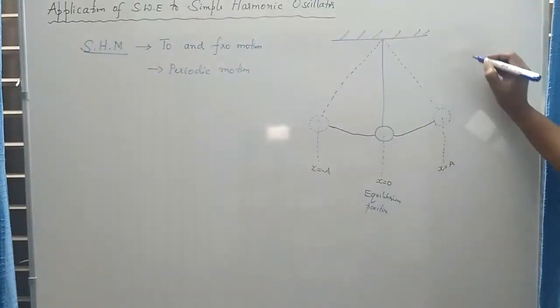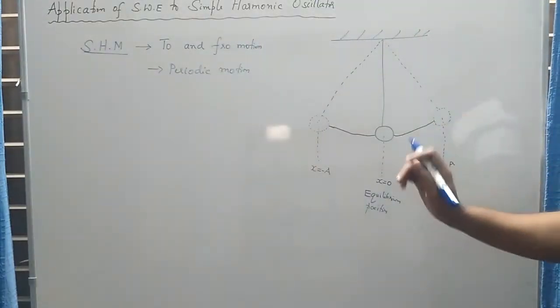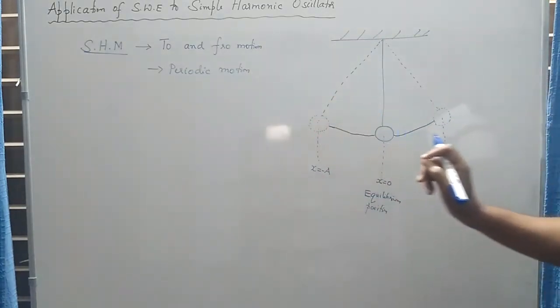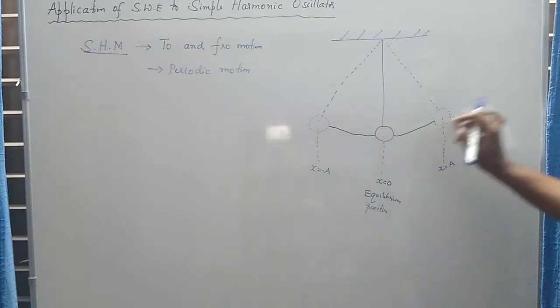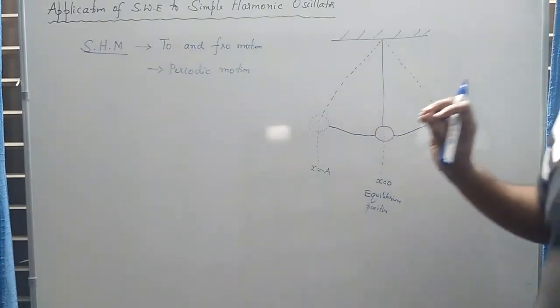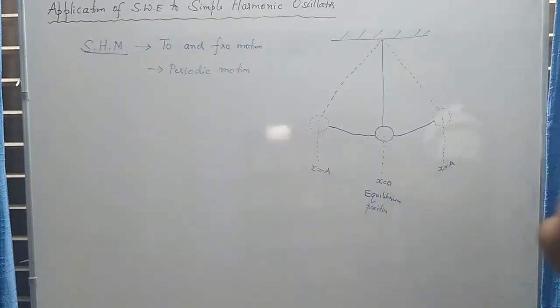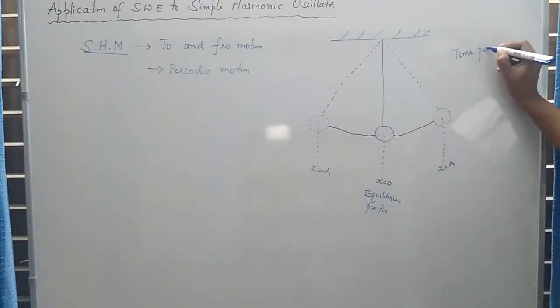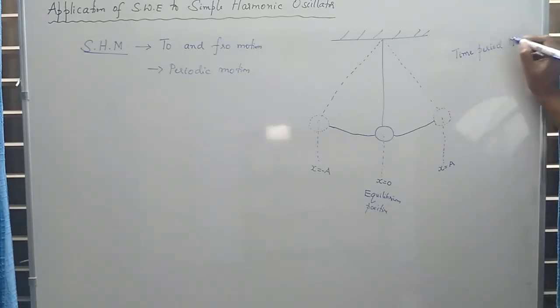Such a type of motion is periodic in nature, because after every 7.8 seconds, which is the period of motion, if I try to locate the position of the particle, it will always be observed at the same position. So this type of motion is characterized by a time period, T.